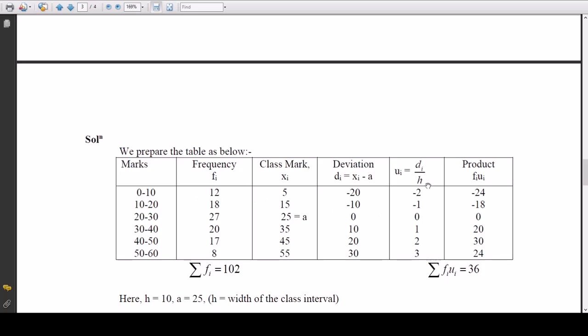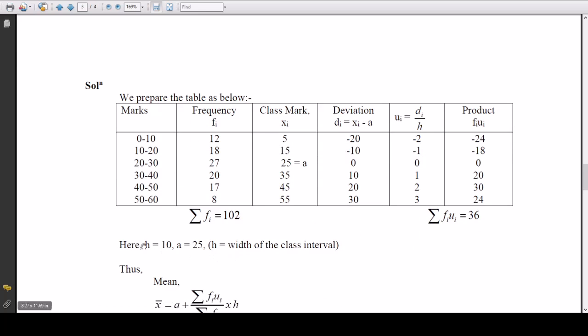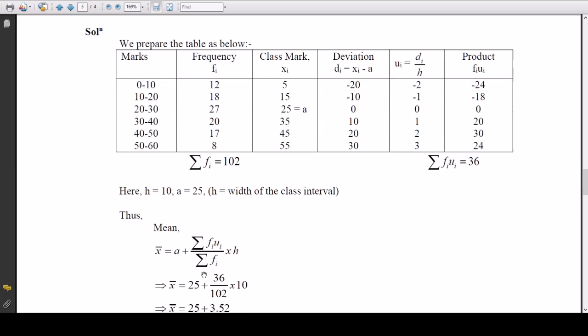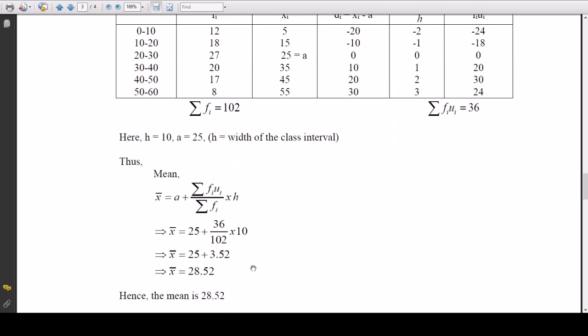Okay, now since you have taken a to be 25 and h is the width of the class interval, which is 10, the mean by using this step deviation method will be a plus fi ui divided by fi multiplied with h, and this is the formula we will be using here. a is 25, fi ui we are getting 36, summation of fi is 102, h is 10.